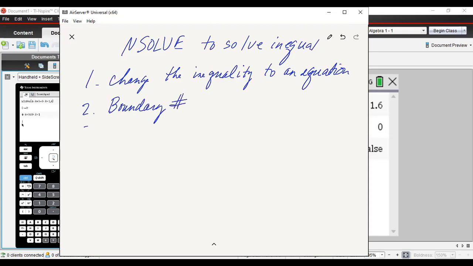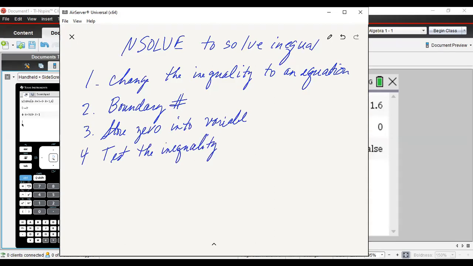And then you're going to store 0 into the variable. And then you're going to test the inequality to see if substituting in 0 makes it true or false. That's what we need to do. And that's it.